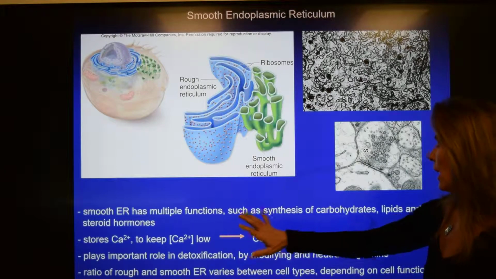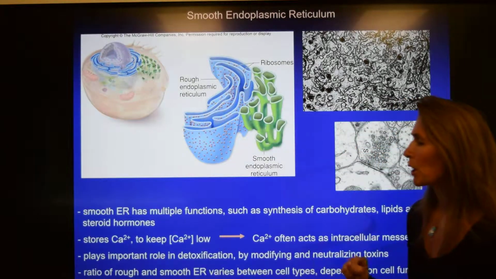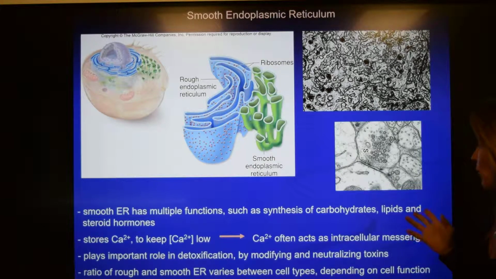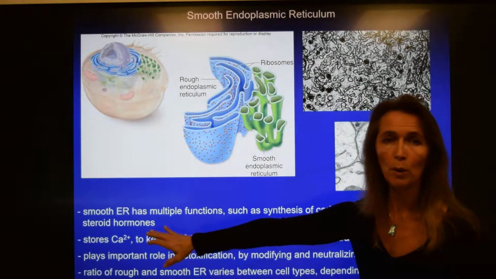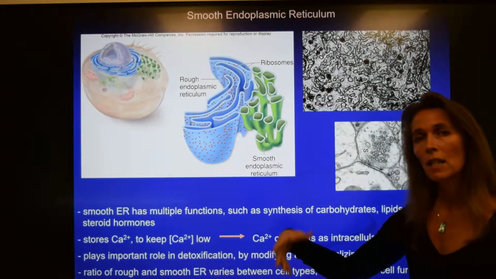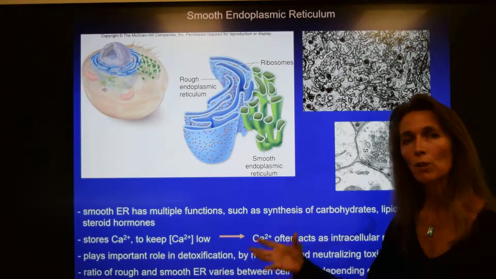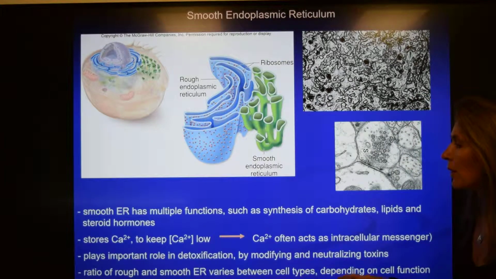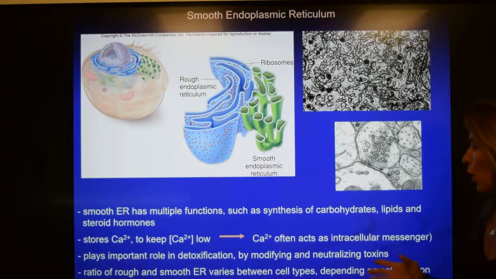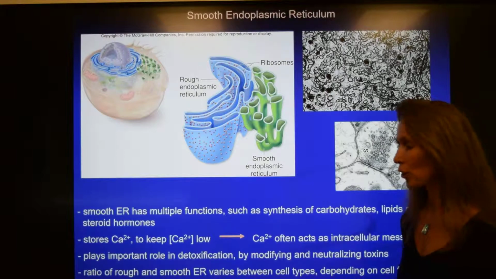So smooth endoplasmic reticulum has multiple functions such as the synthesis of carbohydrates, lipids, and hormones, then to keep calcium at bay and release calcium only at times when calcium is needed. And then it plays an important role in the detoxification, modification, and neutralization of toxins that we have ingested.